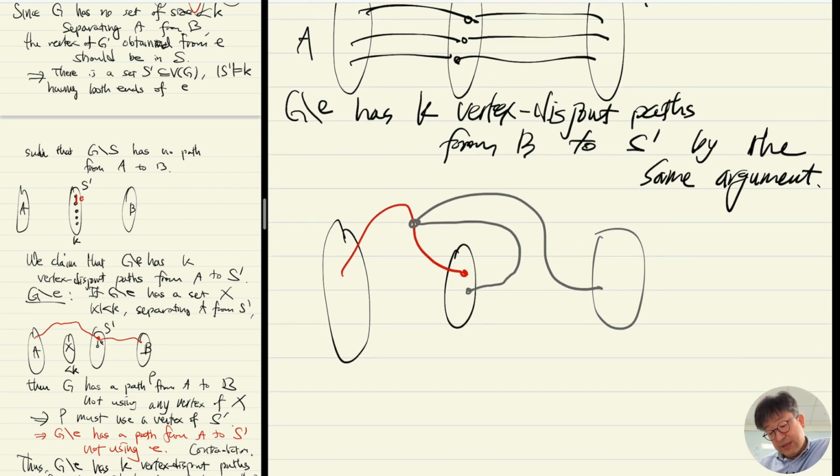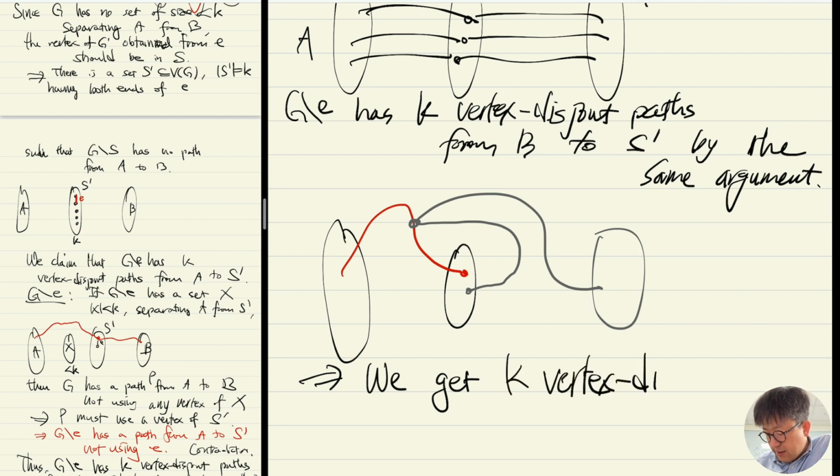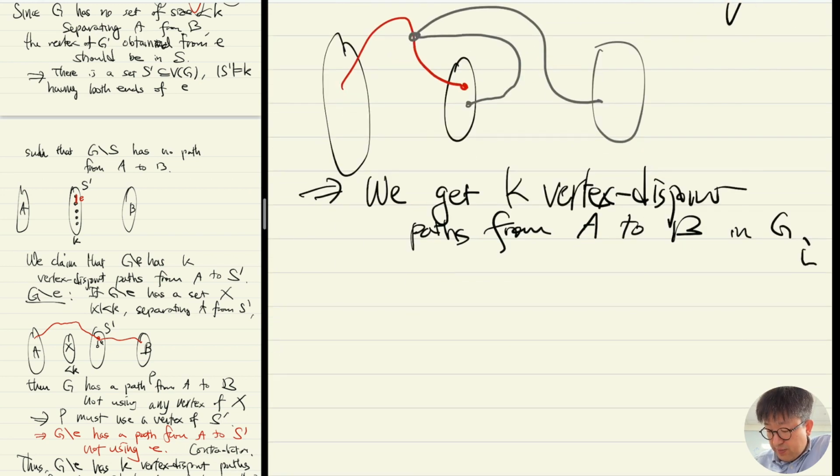That's a contradiction because S prime separates A from B. So therefore, we get K vertex disjoint paths from A to B in G. That's the end of the proof.